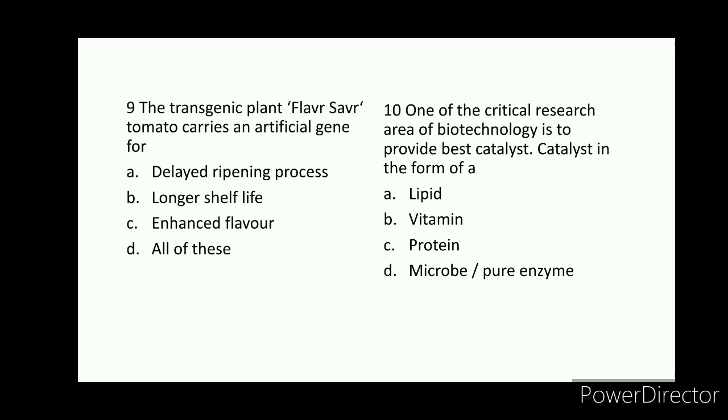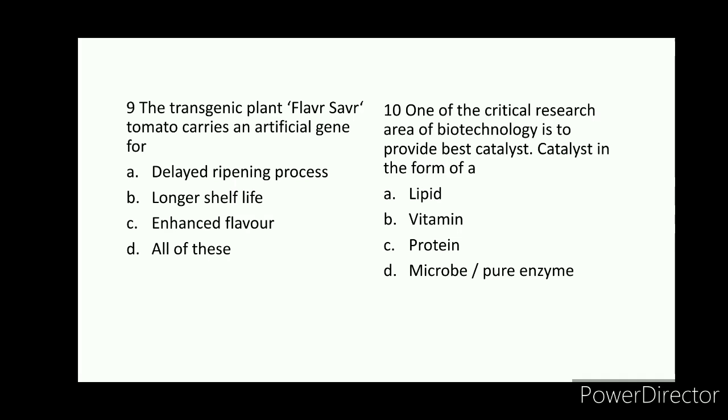Question number 9. The transgenic plant Flavr Savr tomato carries an artificial gene for option A, delayed ripening process, B, longer shelf life, C, enhanced flavor, and D, all of these. The transgenic plant Flavr Savr, as I just explained, helps in delayed ripening.